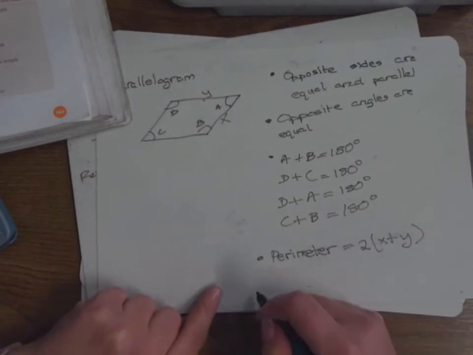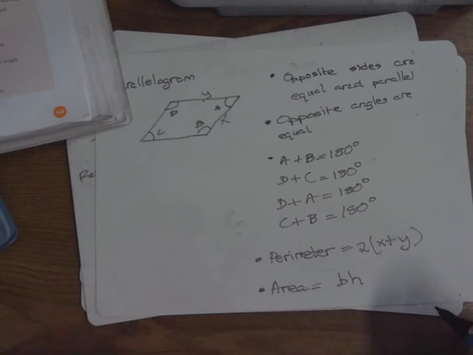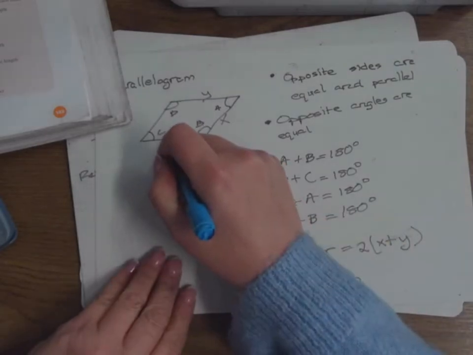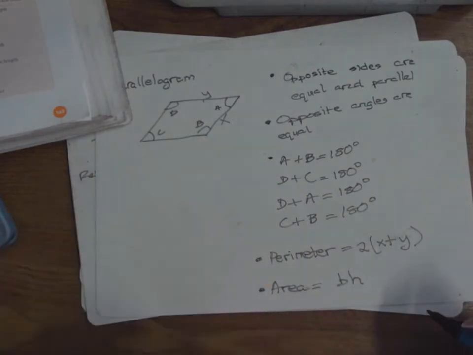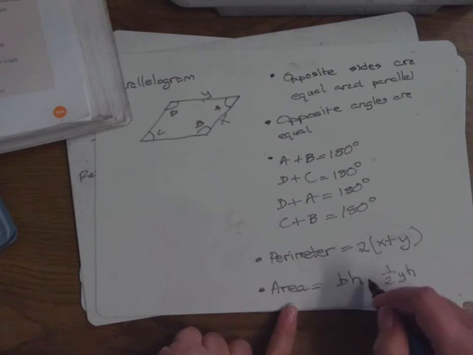The area of a parallelogram is given by the base multiplied by the perpendicular height, so BH. You know the way a triangle is half the base by the perpendicular height? Well, a parallelogram is 2 triangles, so you don't have the half anymore. So the base can be y, so it would be y by h in this case.